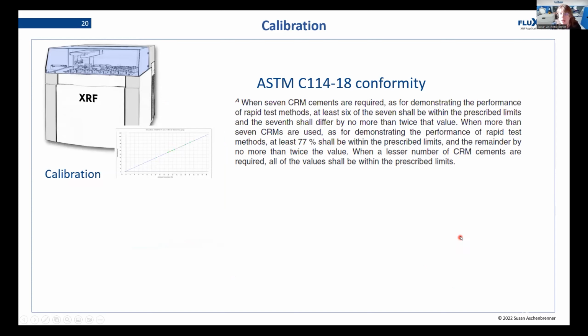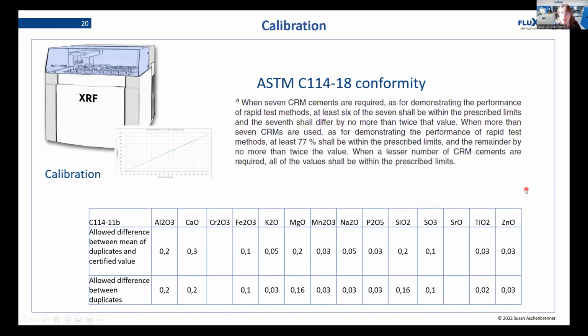There is a part of the ASTM norm where they state how to validate your calibration. It says when 7 CRM segments are required, as for demonstrating the performance of rapid test methods, at least 6 of the 7 shall be within the prescribed limits, and the 7th shall differ by no more than twice its value. So it's again this magical table that we are looking at.